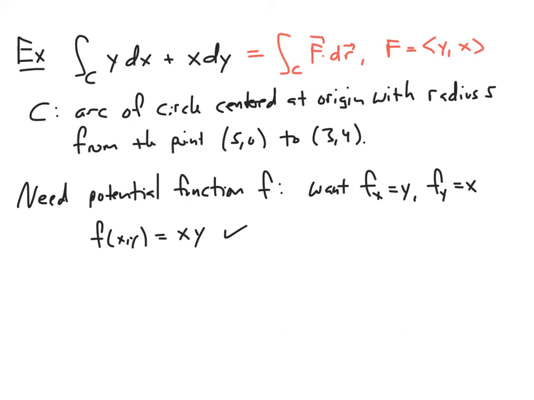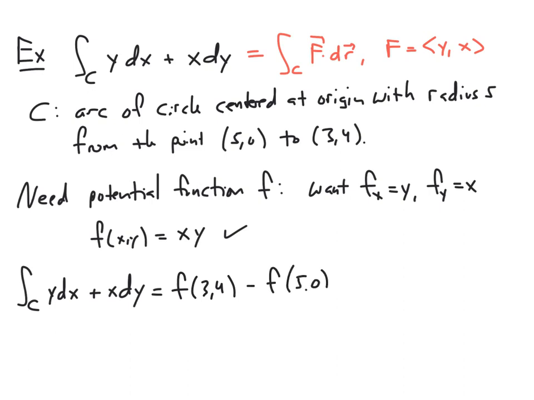And so, given that we have this, the fundamental theorem of line integrals tells us that the line integral over y dx plus x dy is simply f of (3, 4), the potential function evaluated at the second endpoint of the curve, minus f of (5, 0), the potential function evaluated at the beginning of the curve.